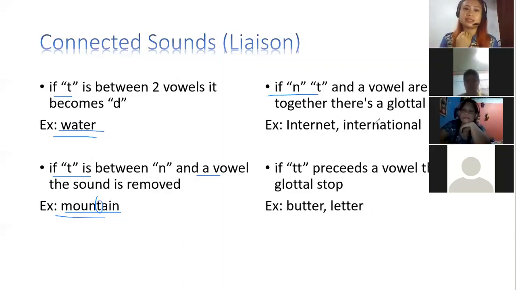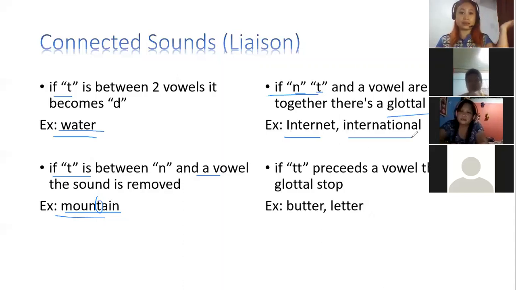It feels like something suddenly stopped the air. So that is what we call the glottal stop. So if N, T, and a vowel, like internet, international, there will be a glottal stop. Who would like to try?